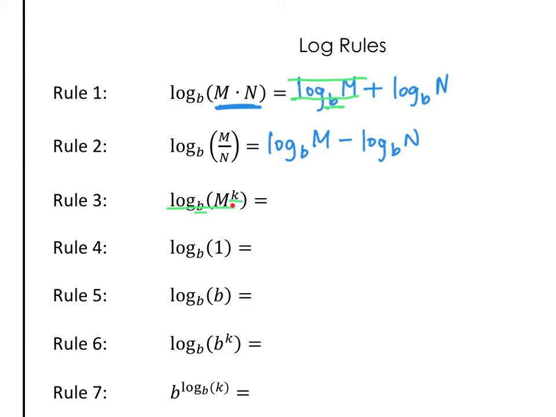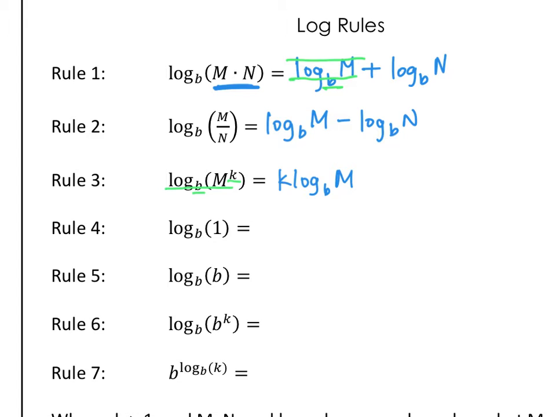This is the important part: this exponent, which is on the thing inside the log, can go to the front of the log as a coefficient. So this k can go to the front, share the same level as the log, the b is slightly lower, and then we have an m. So the exponent can go to the front as a coefficient.